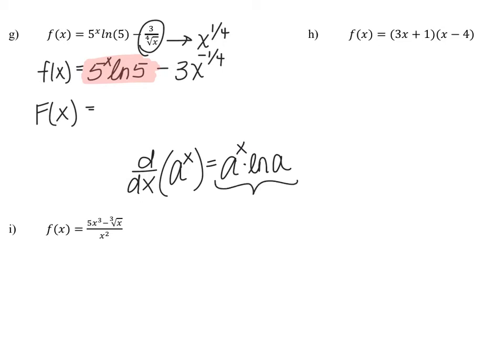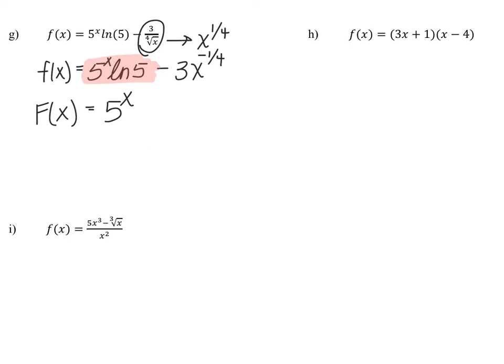And this is exactly what we are given in this first term. We have 5 to the x power times the natural log of 5. Therefore, where did that come from? The original function must have been 5 to the x power. So the antiderivative of 5 to the x times natural log of 5 is 5 to the x power.